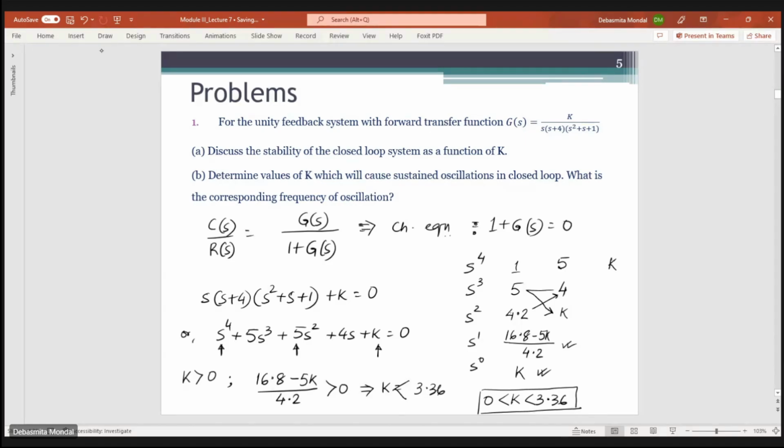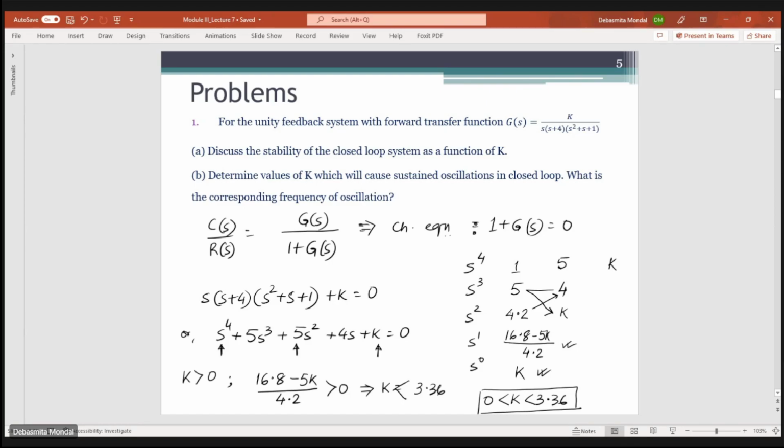In the second part, you have to determine the values of K for which there will be sustained oscillations in the closed loop. Finally, you have to find the corresponding frequency of the oscillation. Sustained oscillation means the poles of the system will lie on the imaginary axis, right?